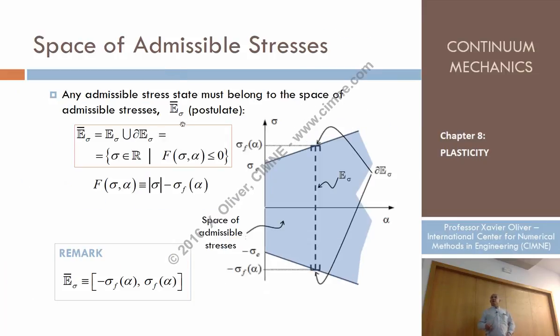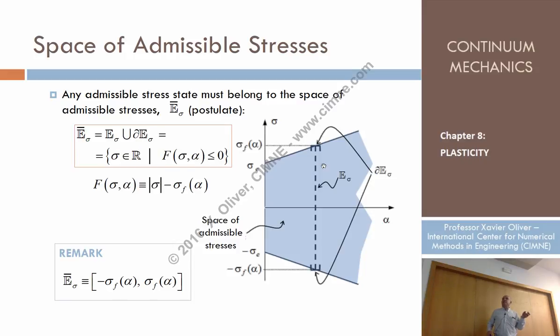As I told you, that defines the space of admissible stresses. So the space is the sum of the elastic domains, all the possible elastic domains that can be achieved in terms of the evolution of the hardening variable alpha, and the boundaries define what is called the adherence of this domain.